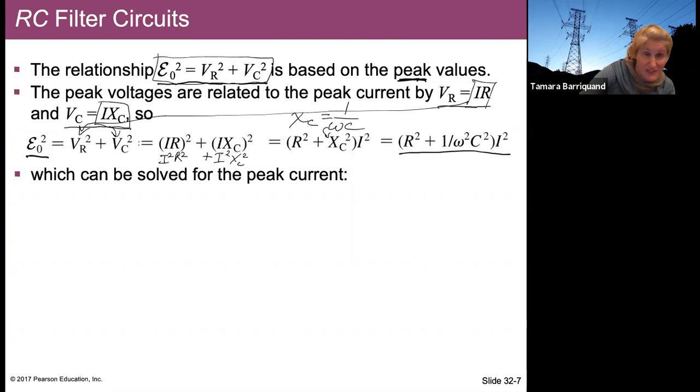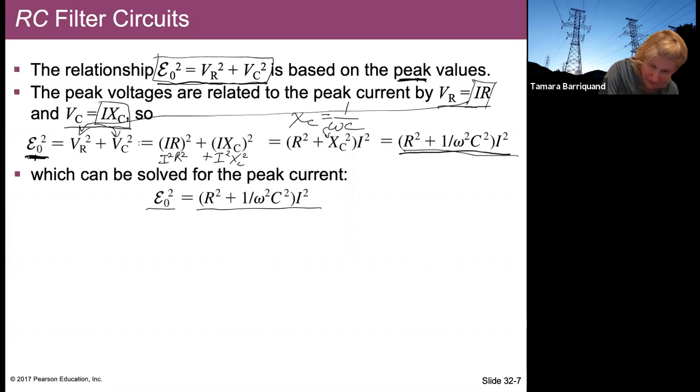So we're going to go backwards. I'm going to take my EMF naught squared equals R squared plus 1 over omega squared C squared times I squared. And now I'm just going to solve for the peak current. So I'm going to divide both sides by R squared plus 1 over omega squared C squared, and that term on this side will cancel.